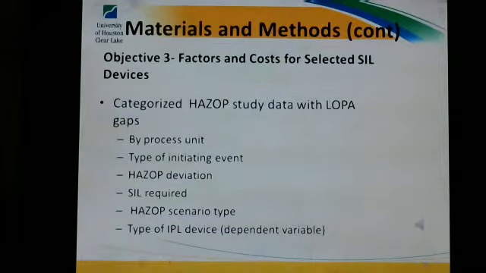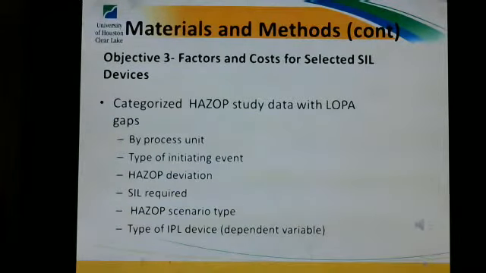And for our third objective, which includes factors and costs for selected SEAL devices, we categorized the collected data from the HAZOP studies that had identified LOPA gaps. In other words, HAZOP studies that identified the need for additional risk reduction.